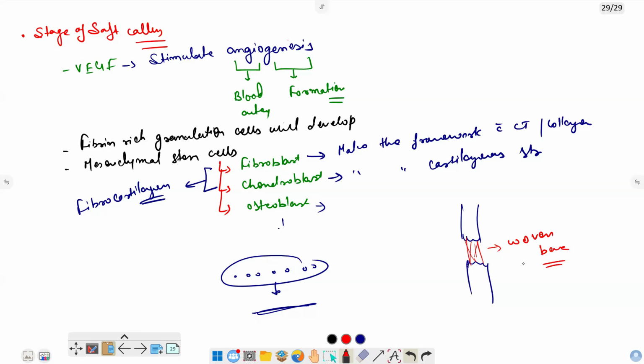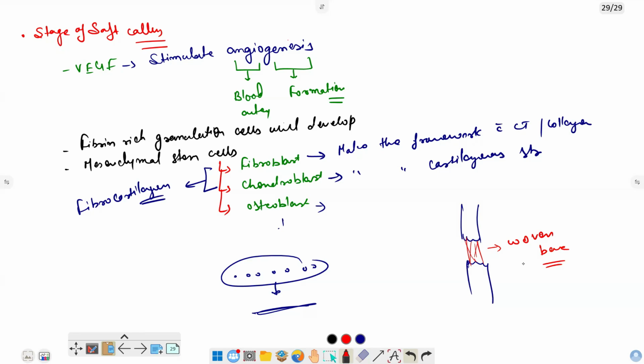Now, mind it, for example, if the orthopedics or if anyone has immobilized the fracture, and after a few days, after 10 to 11 days, in the x-ray we see that the bony alignment has been mismatched, or the bone has been misaligned, then till the stage of soft callus we can realign the bone.